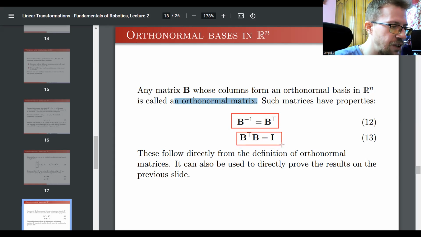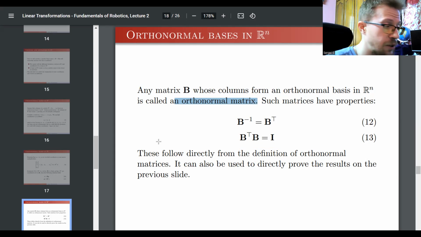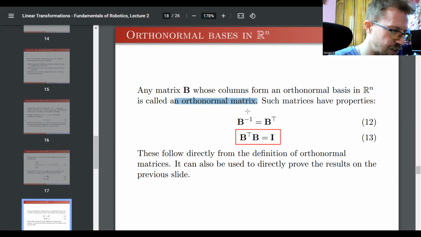And B transposed times B is equal to 1. This you can prove using directly the previous property. Those also just follow from the definition. This is pretty much what I wrote 2 slides ago, but in matrix form. And if you prove this, you can prove this again, elementary.